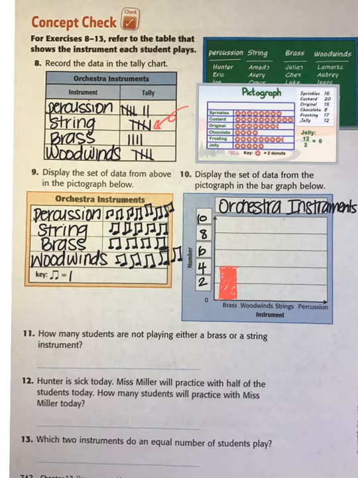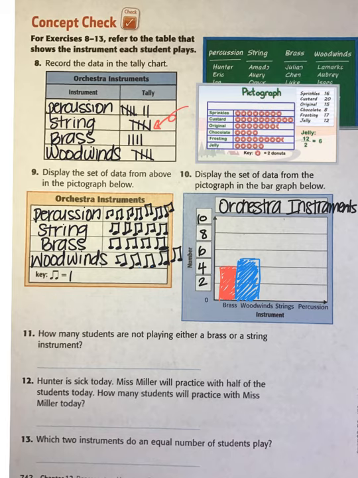For woodwinds, we had 1, 2, 3, 4, 5. So now there's no 5 mark, but we know that we can go in between the 4 and the 6, which in a bar graph represents 5. So we're going to color that in for woodwinds.